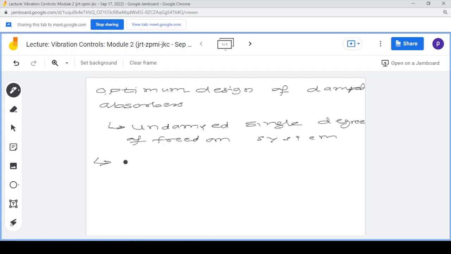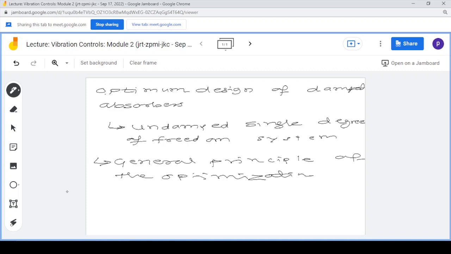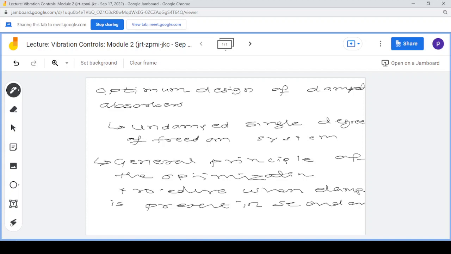So first, we are going to apply the general principle of the optimization procedure whenever the damping is present. Damping is present in the secondary system, and that is represented by what?